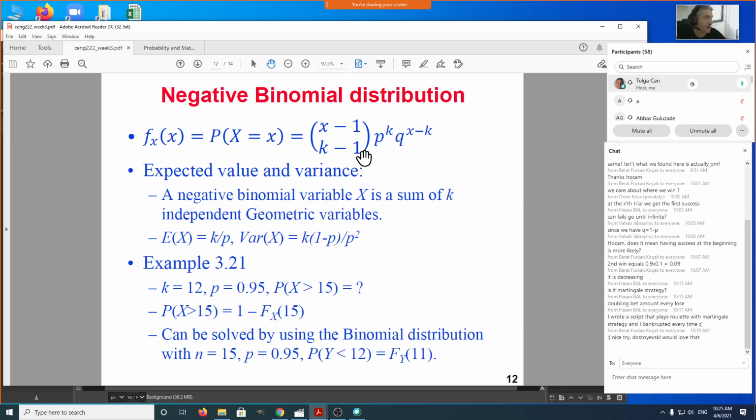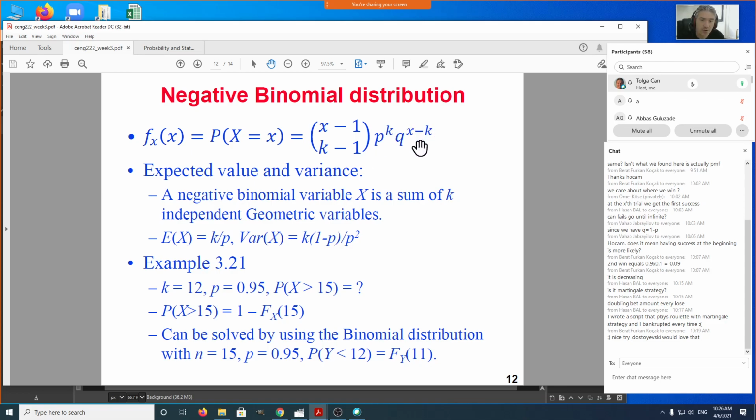For example, if I want to get 5 successes in 50 trials, you should look at the probabilities where you get the first 4 successes in the first 4 tries, or the 4 successes in the 10th, 15th, 20th, 25th try. So those 4 successes could be distributed anywhere until 49, okay? But the 50th one is going to be a success.